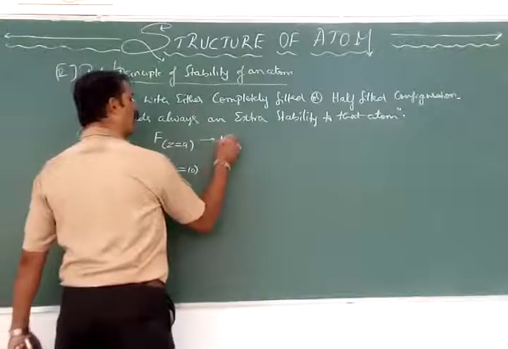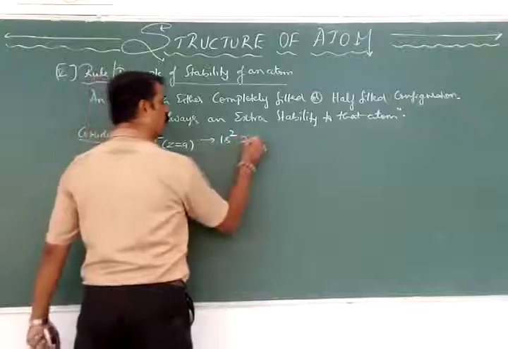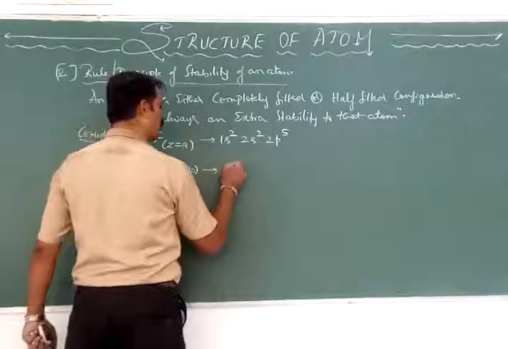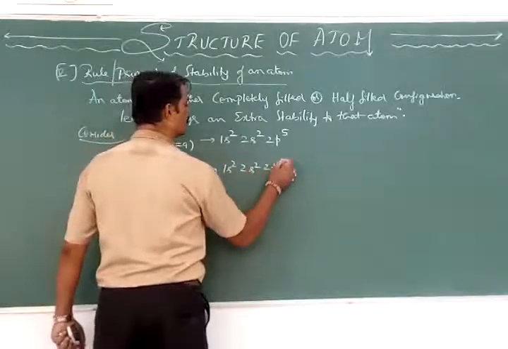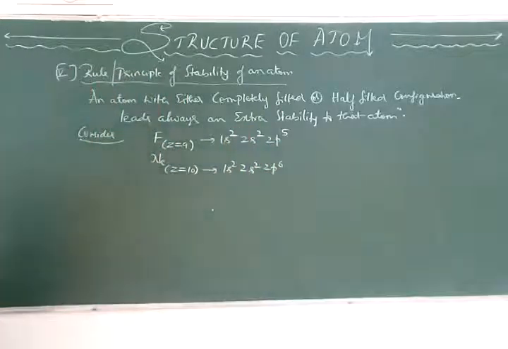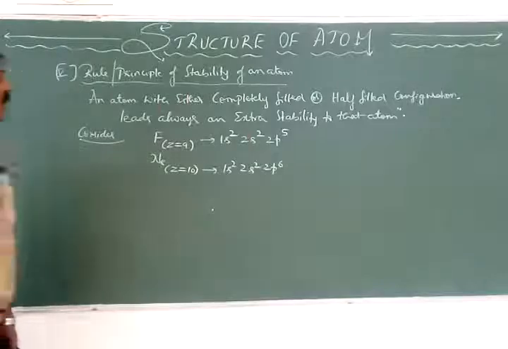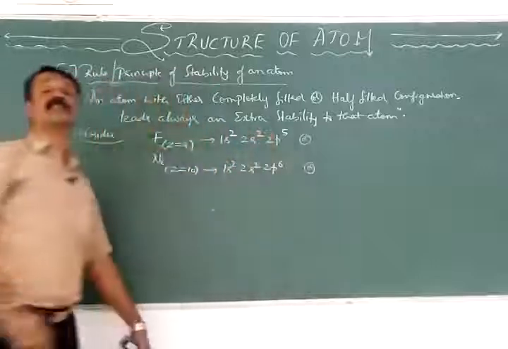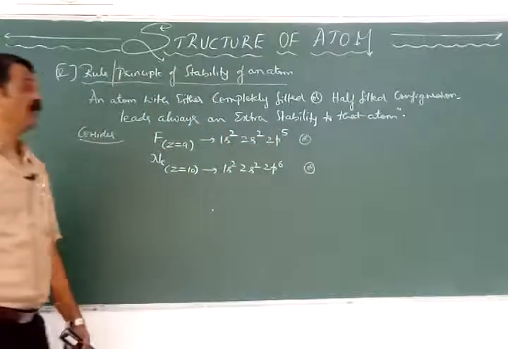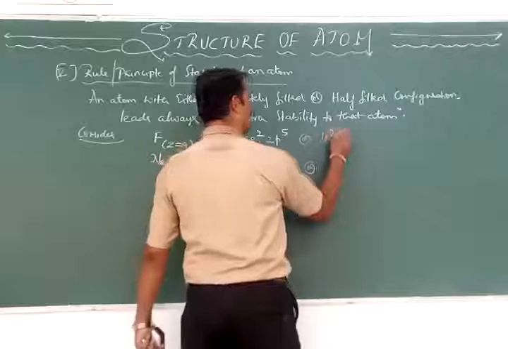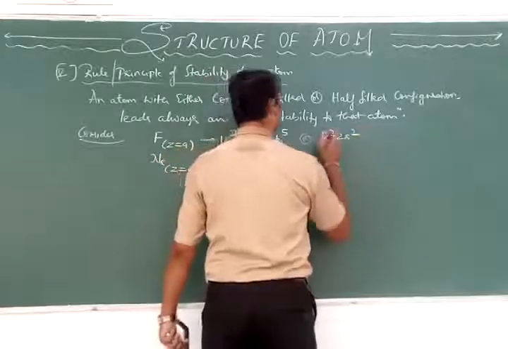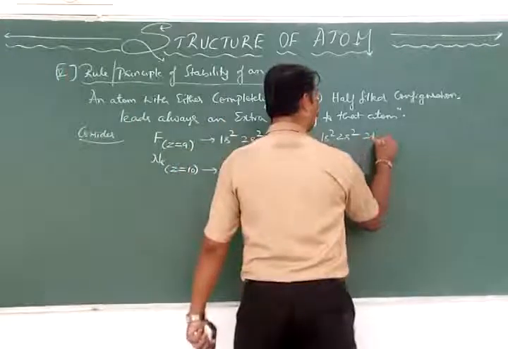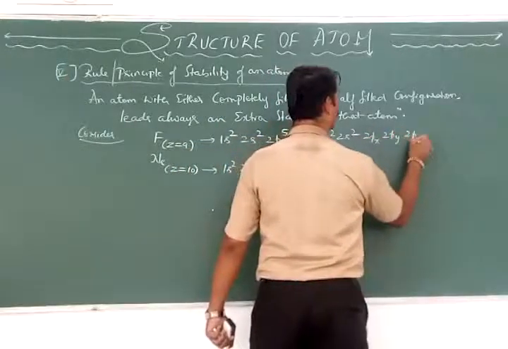Fluorine has a configuration of 1s2, 2s2, and then 2p5. Neon is 1s2, 2s2, 2p6. By this configuration we have to mention which is the most stable here. 2p has 3 orbitals: 2px, 2py, and 2pz.